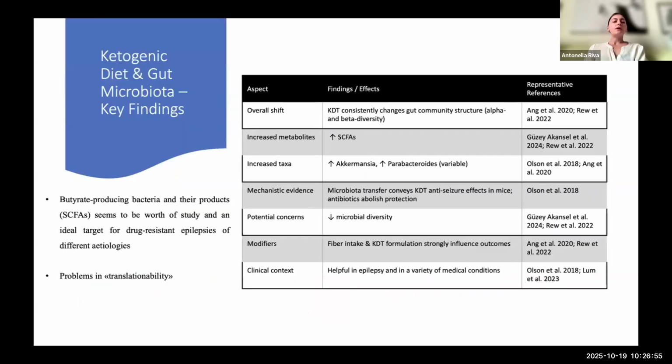But how can we really address the ketogenic diet and the gut microbiota? What are the key points that we bring home with us about this? So the ketogenic diet or its variants: in general, our lifestyle and diet promote changes in the gut community structure in terms of alpha and beta diversity.